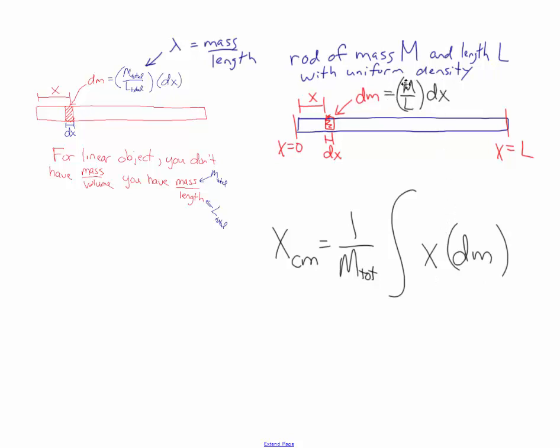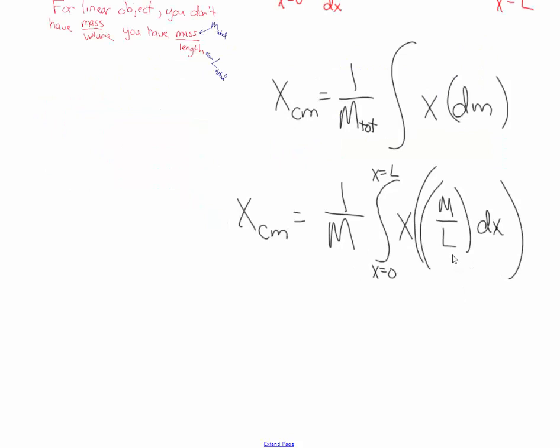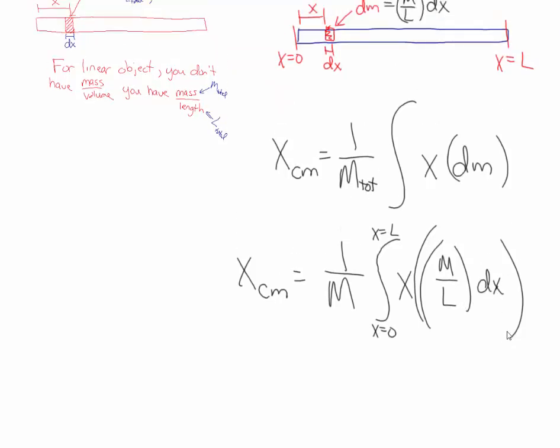And that's what we did up here. dm is the mass per length times dx. So we can use that substitution. We can substitute that in, and then we have an integral that's just in terms of x. So we substituted in that dm was m over L times dx, and then we're going to integrate along that rod.